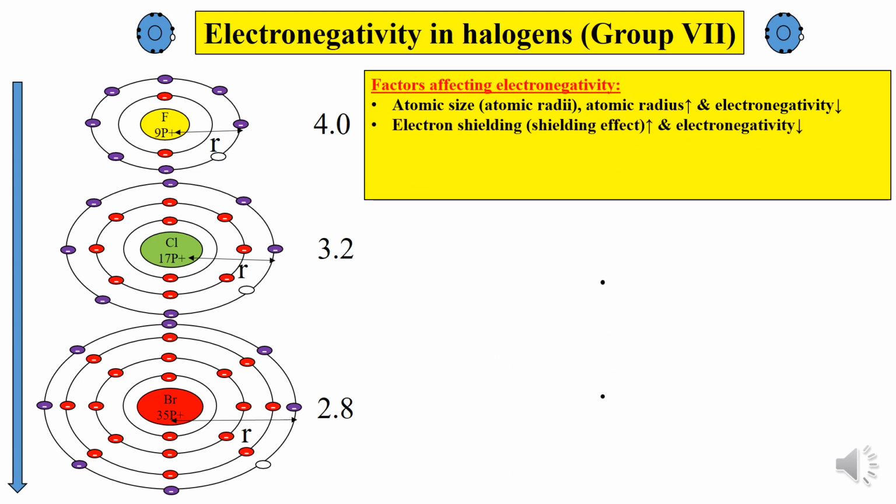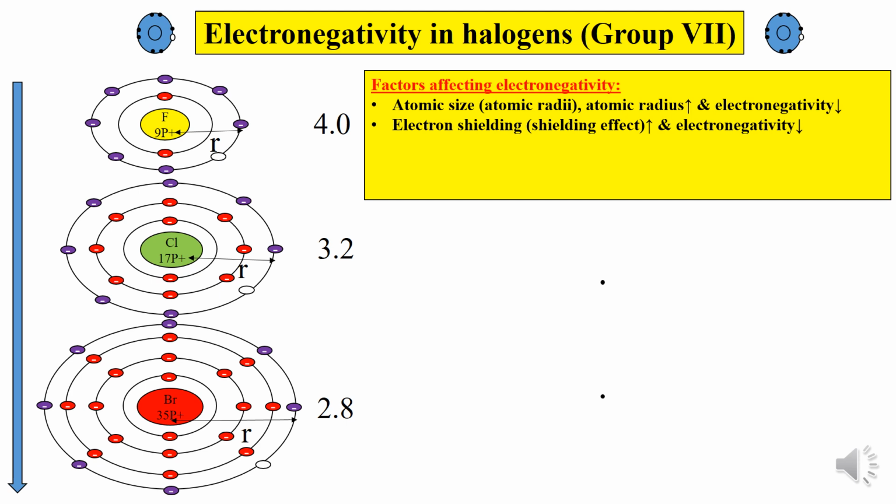The second factor is electron shielding or shielding effect. So shielding is a phenomenon where the inner core electrons partially block or reduce the electrostatic force of attraction between the positively charged protons and the outermost valence electrons. So as you go down the group, you see that the number of shells increase. Now each shell acts as a shield.